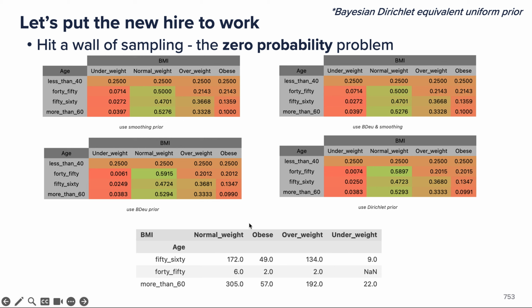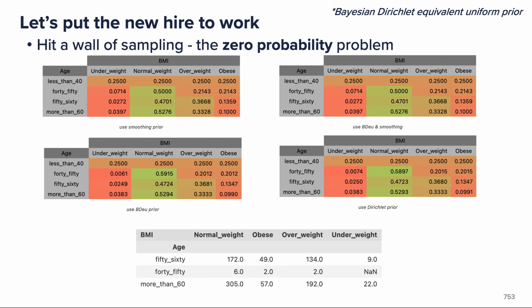Let's say we get a pivot table between a person's BMI level and their age bracket. So we're looking at the frequency of a patient being aged between 15 and 60, and their BMI being in the normal weight range.